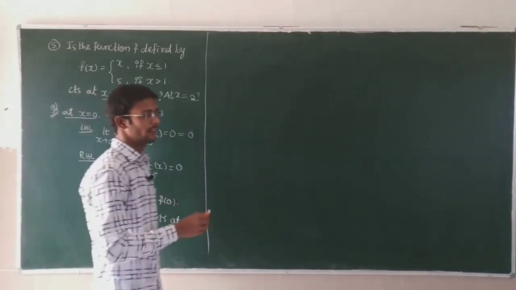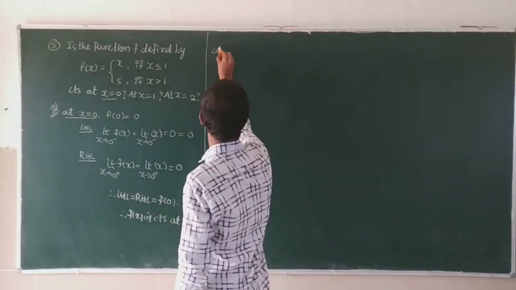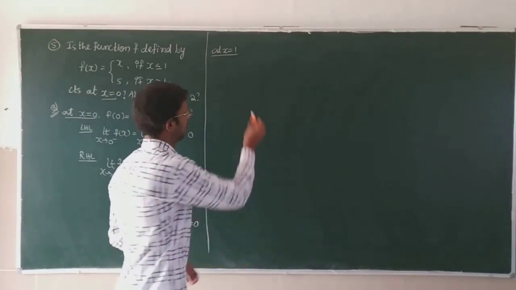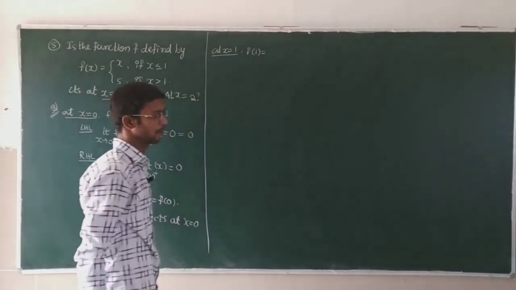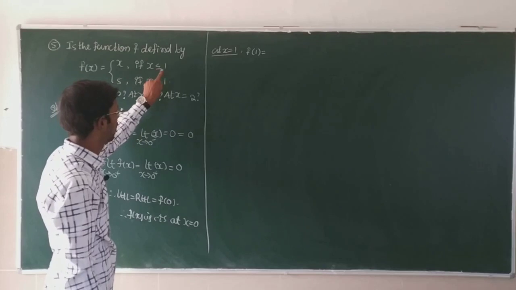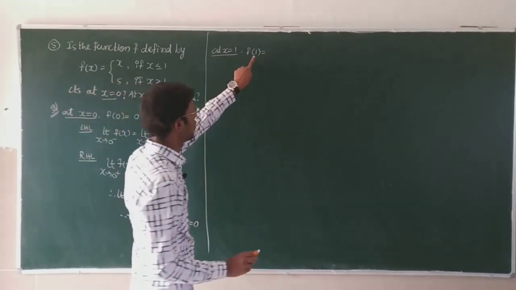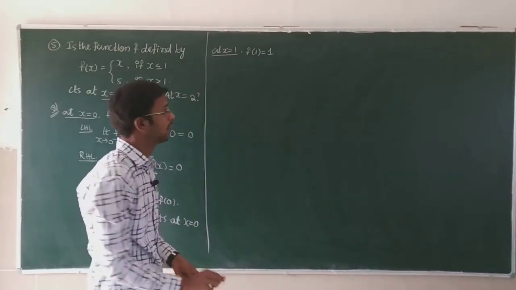Next, x is equal to 1. At x is equal to 1, we have to substitute. First, f of 1 I will substitute. F of 1 equal to 1, because the function value is x, and x is 1, so the answer is 1.